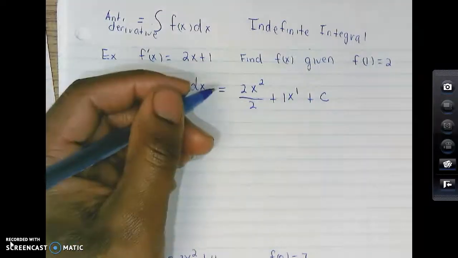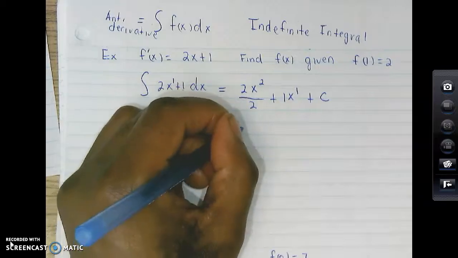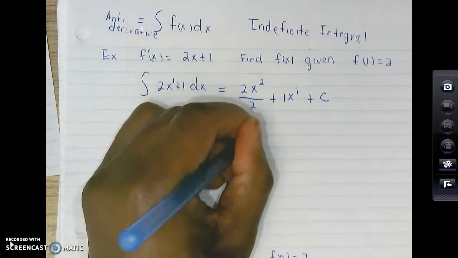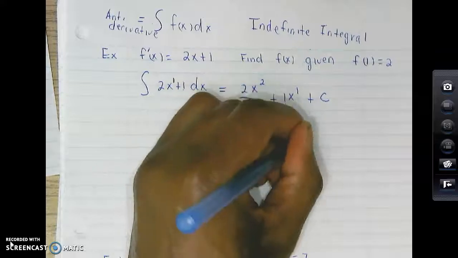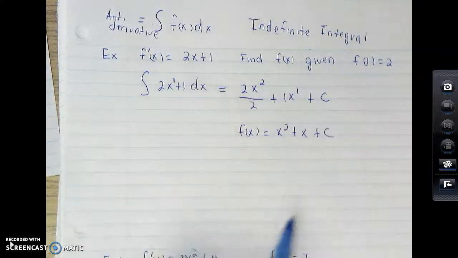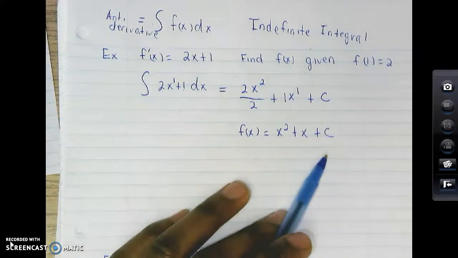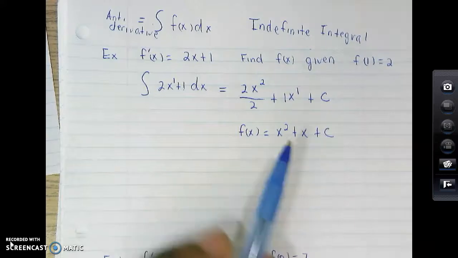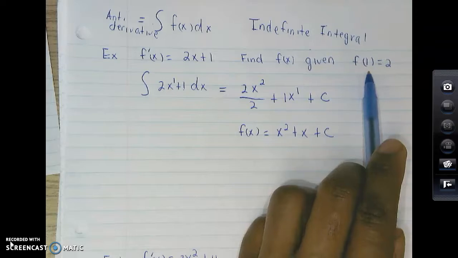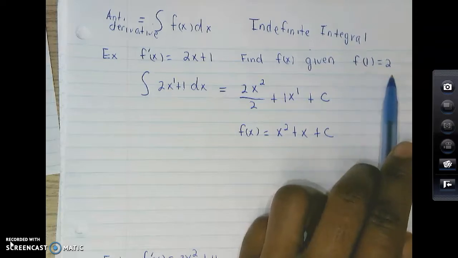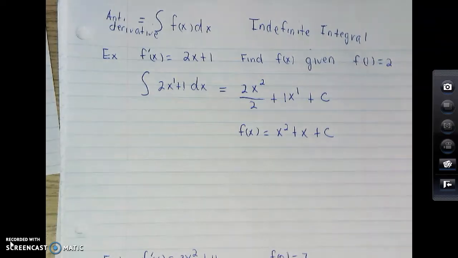So potentially we have a candidate for f of x. We know f of x is going to be x squared plus x plus c. But our problem is we need to get rid of this c, because they want us to give the particular solution that when I plug in 1 as my input, my output is going to be 2.